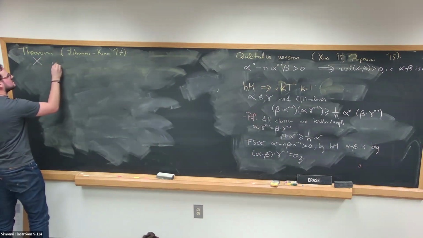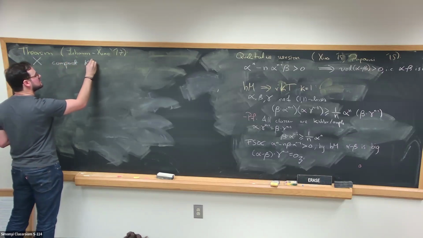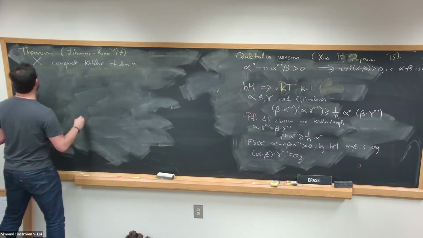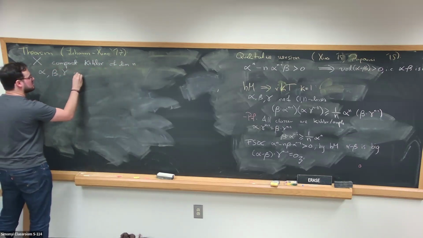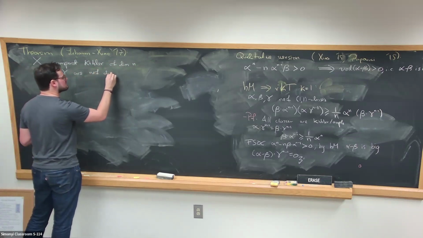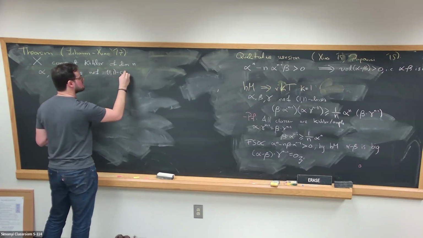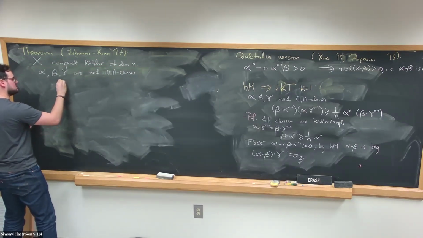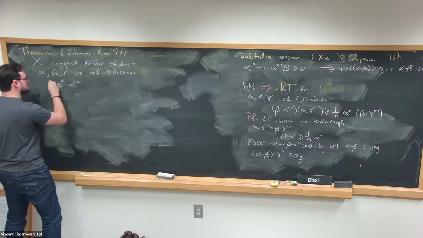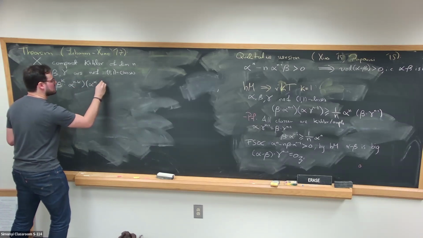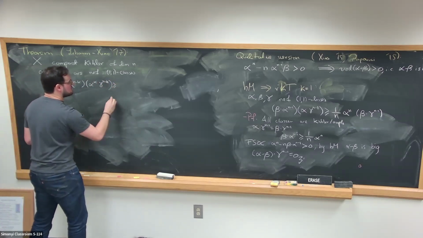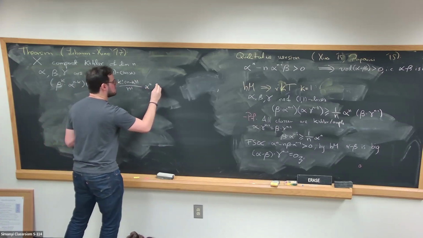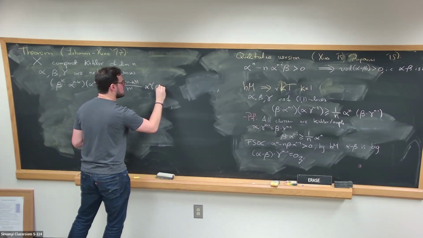So what's the theorem? If X is compact and Kähler of dimension n, and alpha, beta, gamma are nef divisors, or nef one classes, then we get beta to the k, alpha to the n minus k, alpha to the k, is greater than or equal to factorial, alpha to the n, beta to the k.